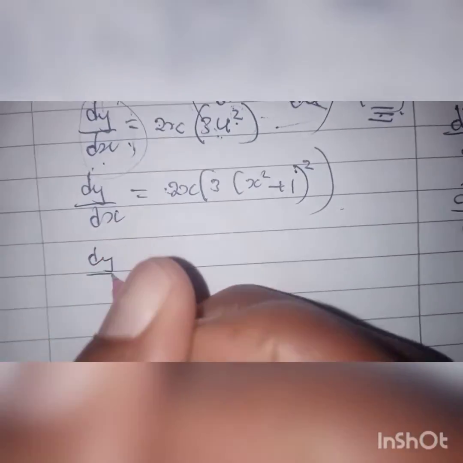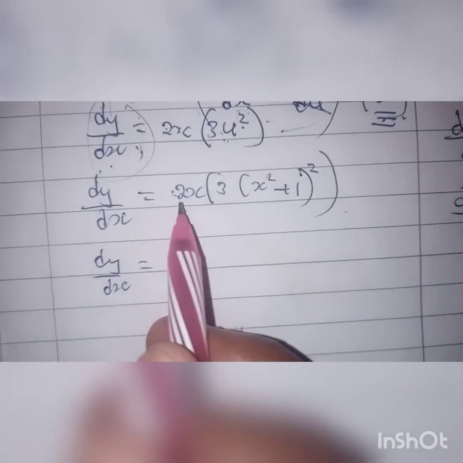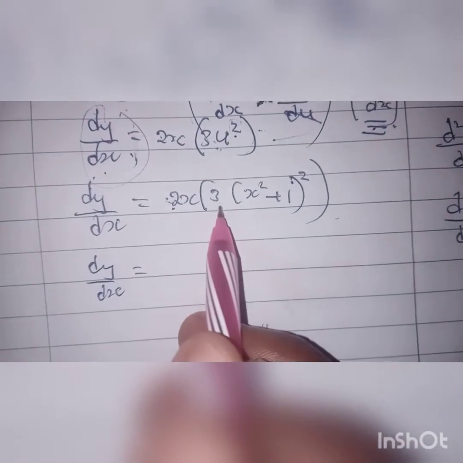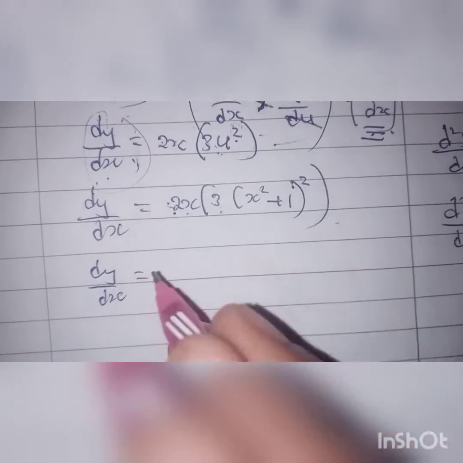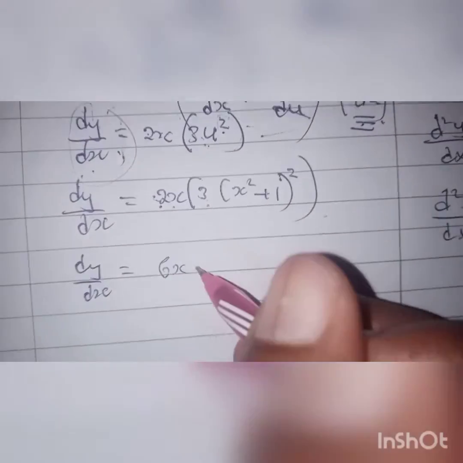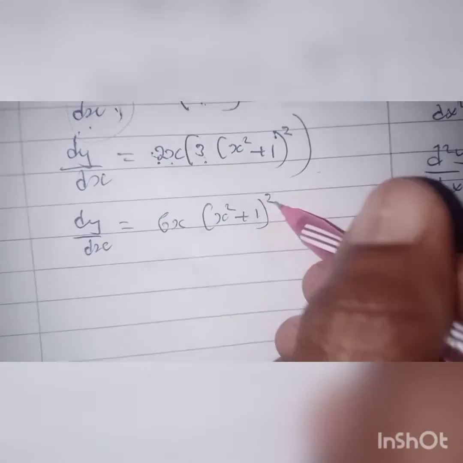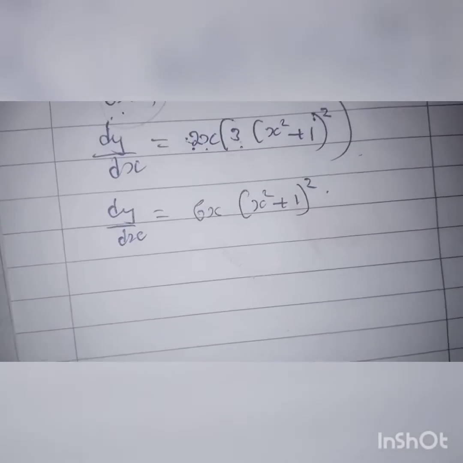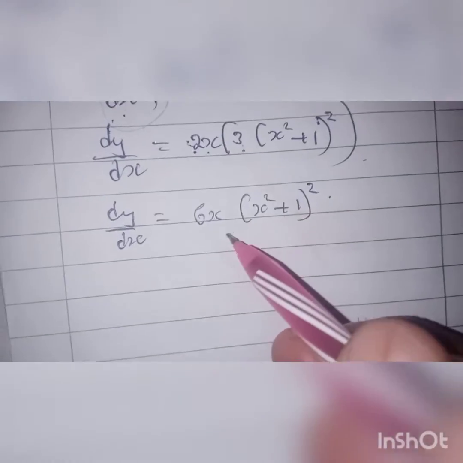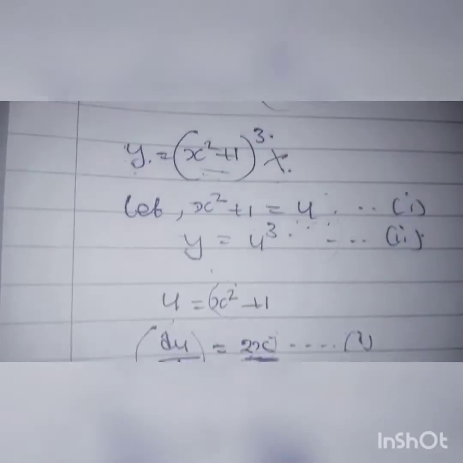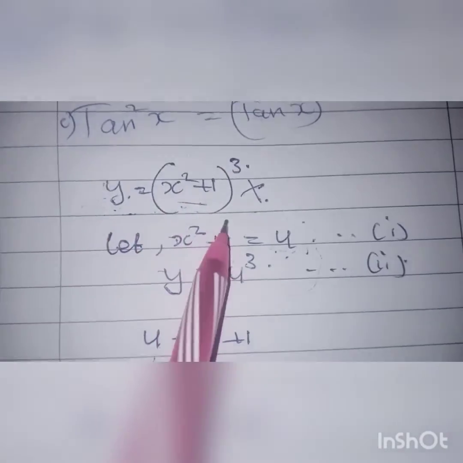Therefore, dy dx is just 2 multiplied by 3 multiplied by x, which is 6x, into x squared plus 1, squared. Hence, this is the derivative of that function in terms of x.